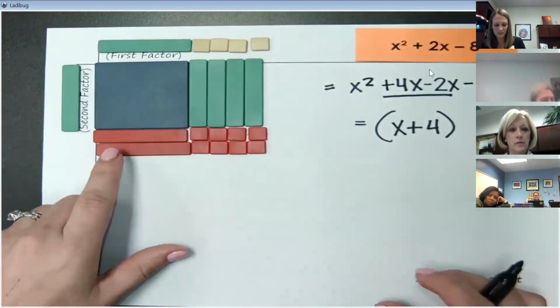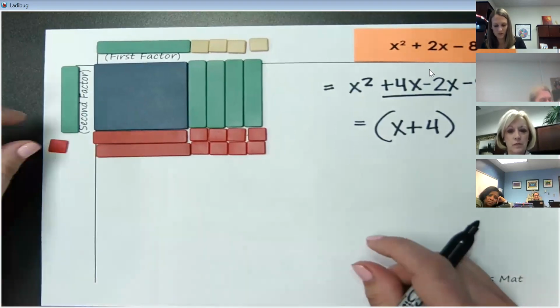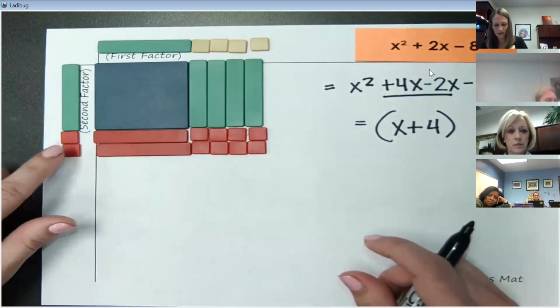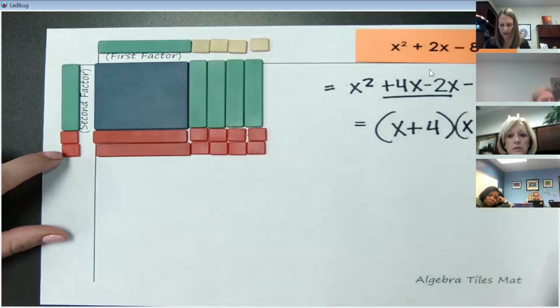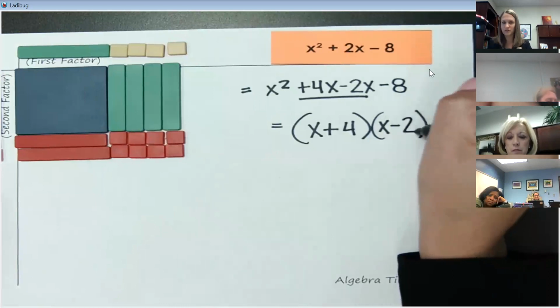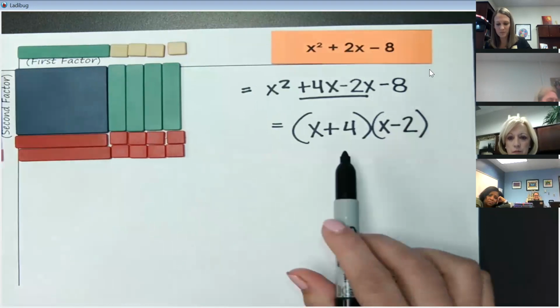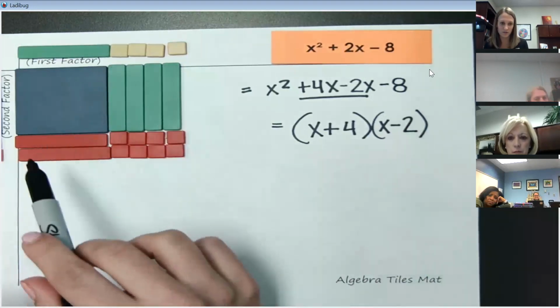But now in this case, I'm seeing that I actually have those negative values when I'm looking at it. So I'm going to have to represent that with my negative 1 unit. And what do I know I have then here? Positive x. And then a minus 2. Let me slide this over so we can see it. And a minus 2. Okay, so in this case then, I found my 2 factors, but it was just a little bit more because we had to look at adding those 0 pairs.